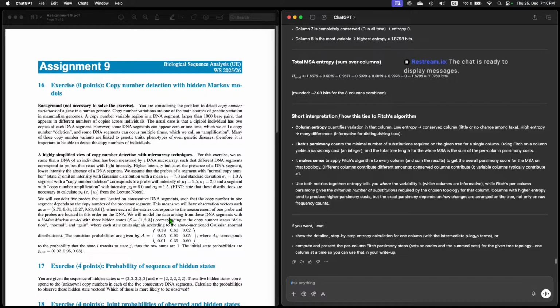We will model the data arising from these DNA segments with a hidden Markov model with 3 hidden states corresponding to the copy number status: deletion, normal, and gain, where each state emits signals according to the above mentioned Gaussian normal distributions. The transition probabilities are given by A, where Aij corresponds to the probability of the state i transitioning to state j, thus the row sums are 1. The initial state probabilities are okay.